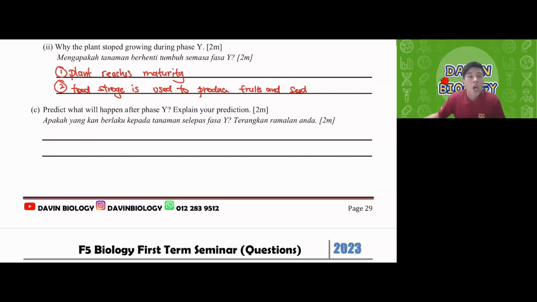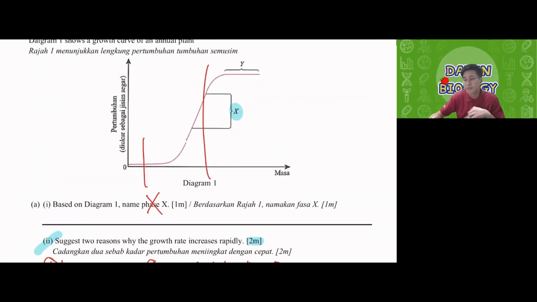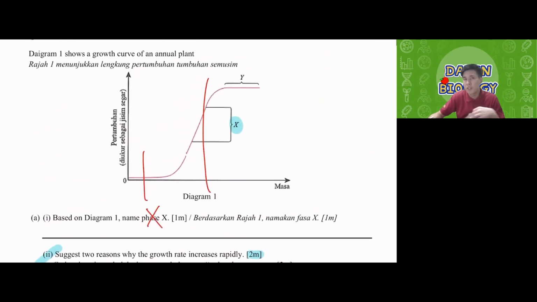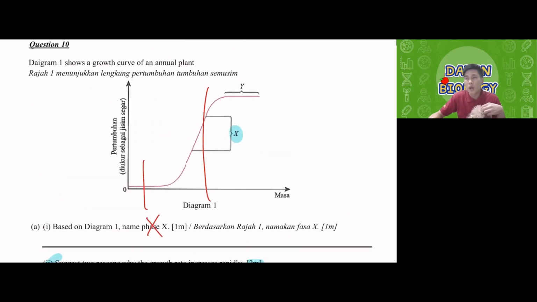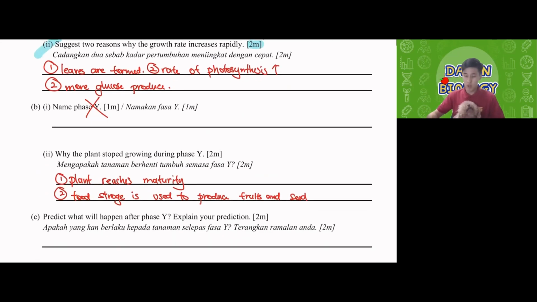Predict what will happen after phase Y. Okay, so they draw halfway only, right? There's actually 1 more phase after Y. So after Y, what will happen? What happened at phase Y? The dry mass decreases, right? Then they ask us what will happen.